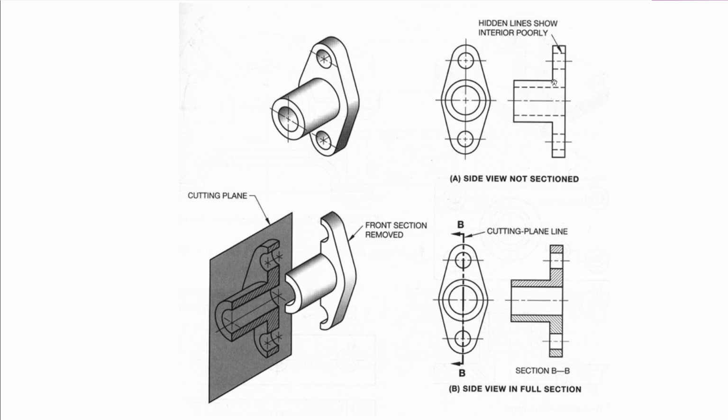You can see the hidden lines showing. Here for instance we have a hole through the center which has been indicated with hidden lines on this side view. The holes at the ends, this point and that point, we can also see them indicated with short dashes, with the center lines showing.